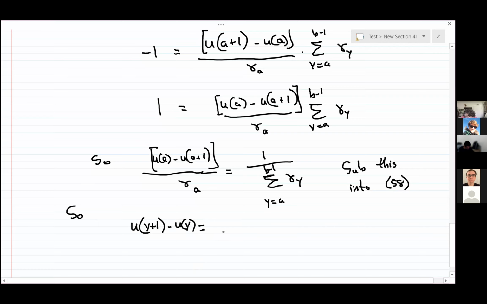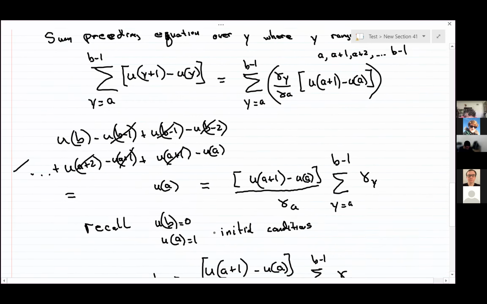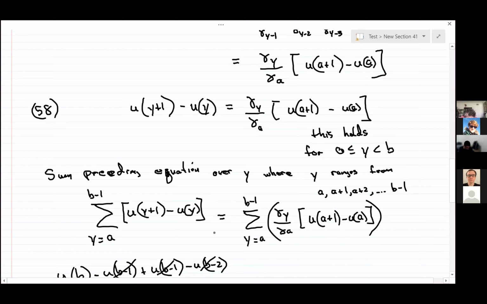Well, I guess I have to be a little careful. U of A minus this over this is what I'm substituting, but the gamma of y still stays on top.